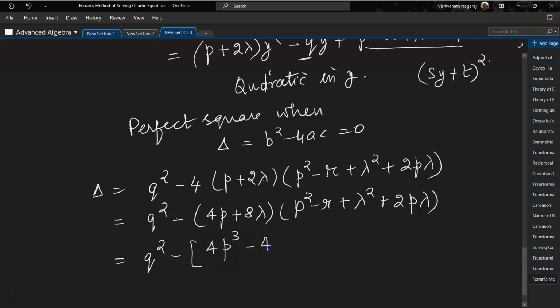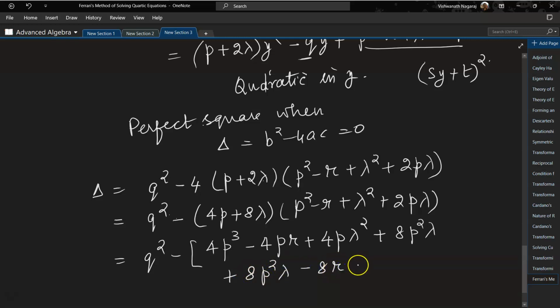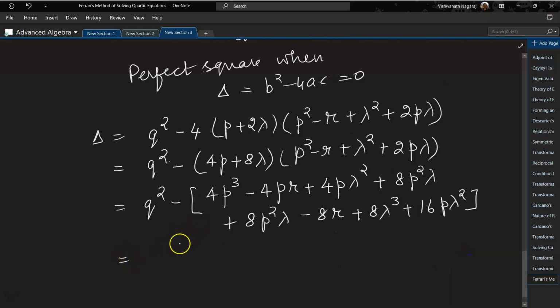Then we have 4pr plus 4p lambda square plus 8p square lambda plus 8p square lambda minus 8r plus 8 lambda cube plus 16p lambda square. Okay. Now let's open up this bracket.